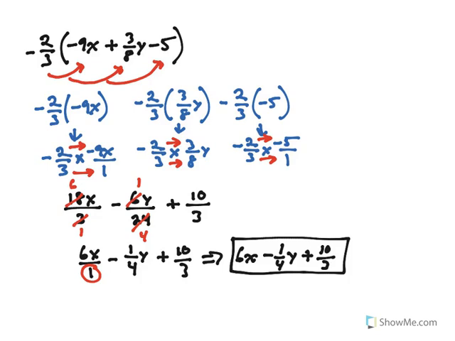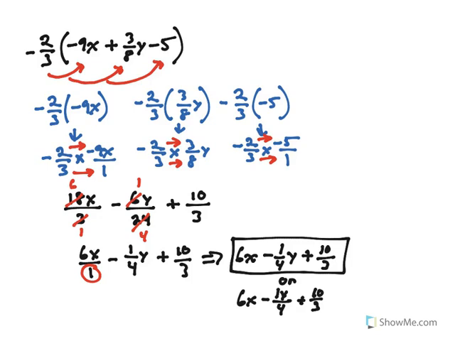Okay, and just so you know, you can also write it as 6x minus 1y over 4 plus 10 over 3. You can put the y on top in the numerator or off to the side, but not in the denominator. And you can even get rid of the coefficient of 1 and just write y over 4. But this is fine in the box that I have it here.